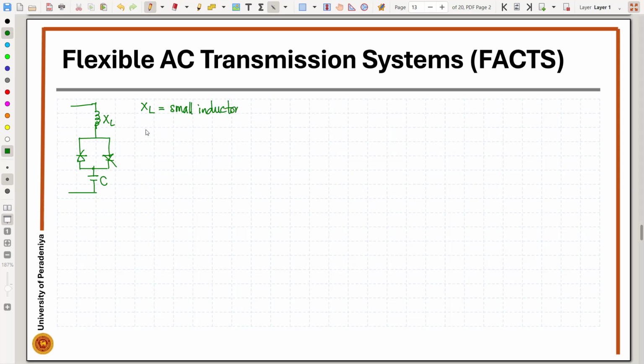The functions of this small inductor are to limit switching transients, dampen inrush current, and prevent resonance with the grid.